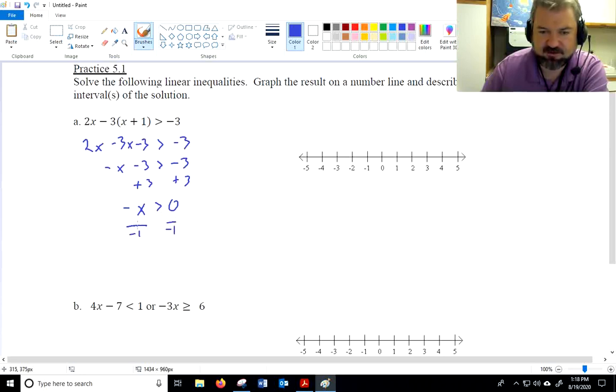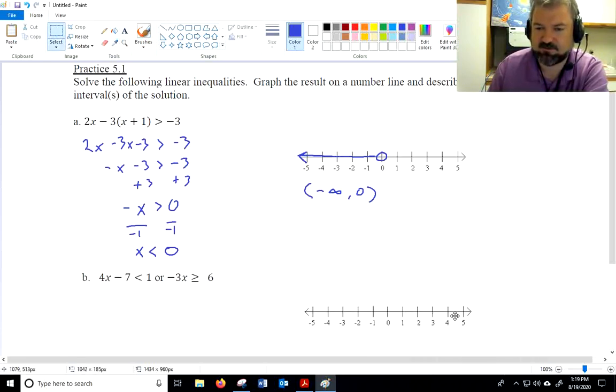If I divide both sides by a negative 1, I need to flip the direction of the alligator to face the left. So this is an open endpoint at 0, and it goes to the left. So our solution interval is negative infinity to 0. All right, let's see about the next one now.